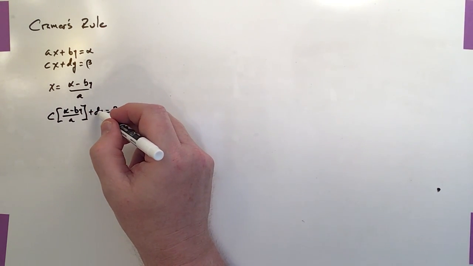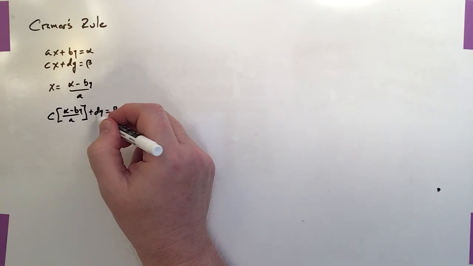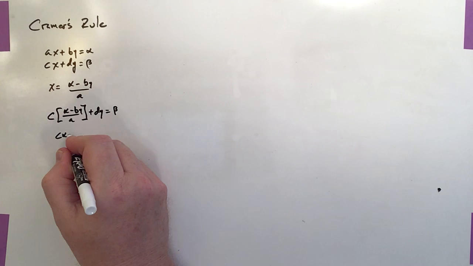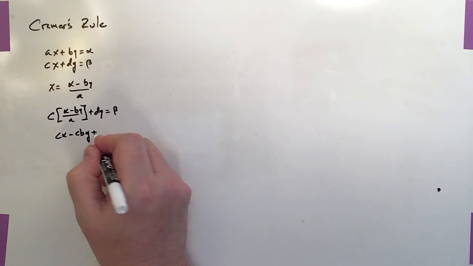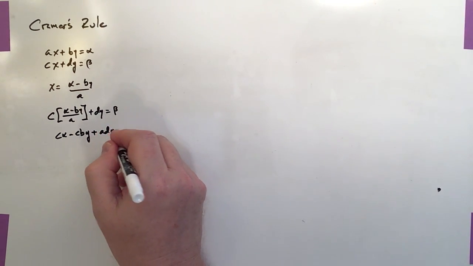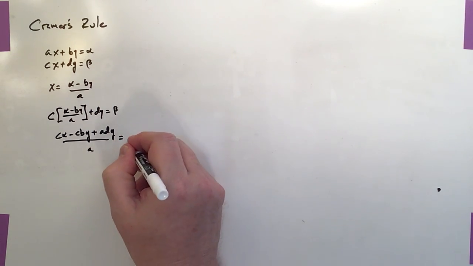And then let's use that to solve for y. So to do that, we want to put this over a as well, so we can put it in a common denominator. So this would be y over a. So it's going to be c alpha minus cb y plus, and then this will end up being a dy, and the whole left side is going to be over a, and that equals beta.